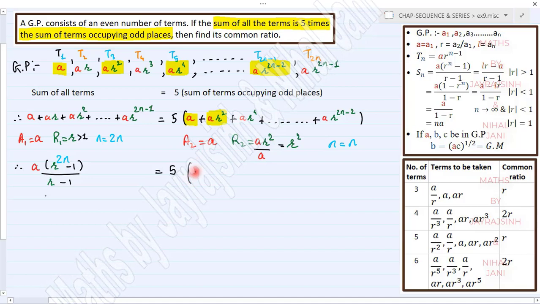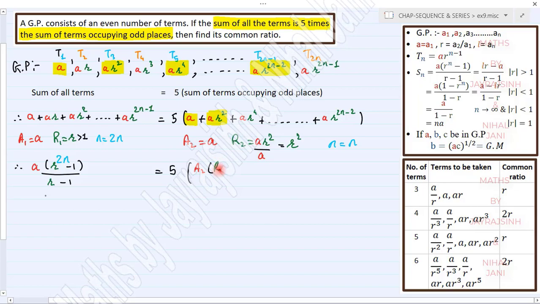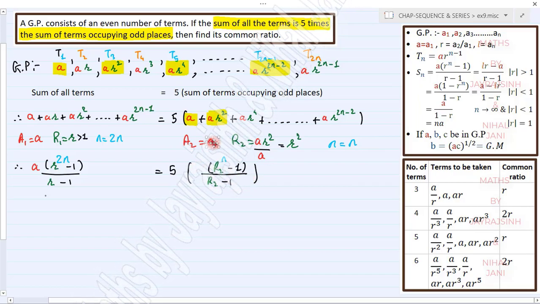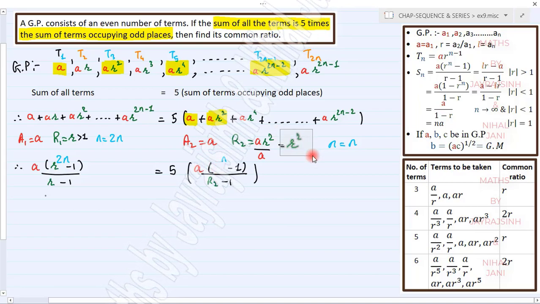So the formula of summation of this series is a into r square raised to n minus 1 upon r square minus 1, where a is small a and the common ratio is r square.